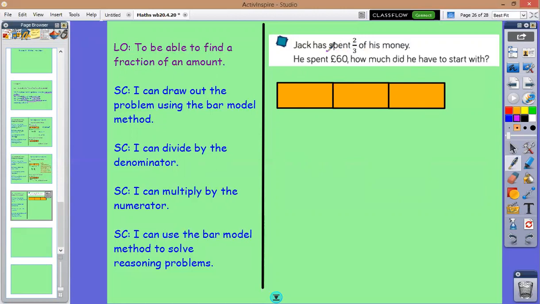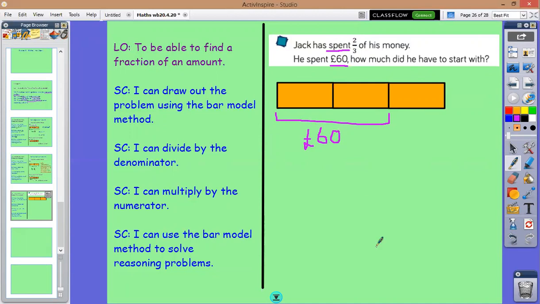He had spent 2/3 of his money. So I know he spent 2/3 of his money there. Now I need to know what he spent. Reading the question, it says he spent £60. So those 2/3 have to equal £60.